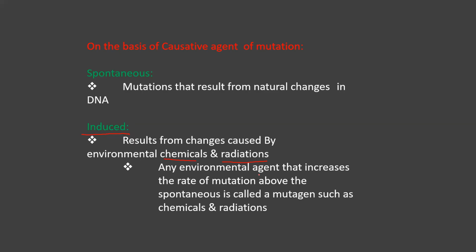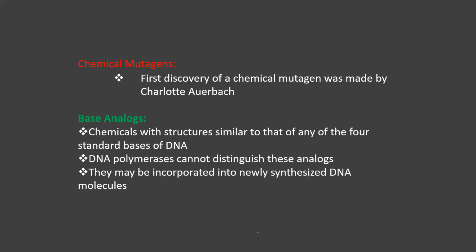So for example, high levels of UV radiation are mutagens, right? Chemicals like benzene, for example, is a mutagen. X-ray radiation is a mutagen. Okay?